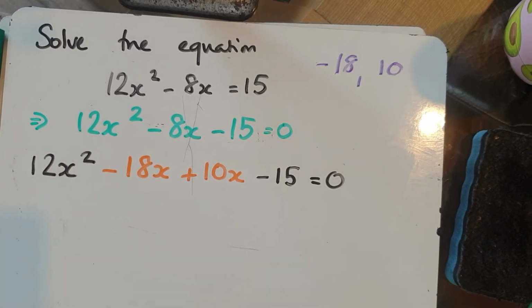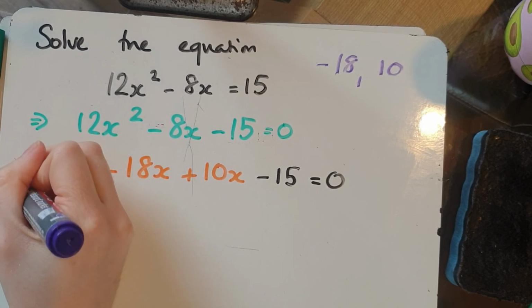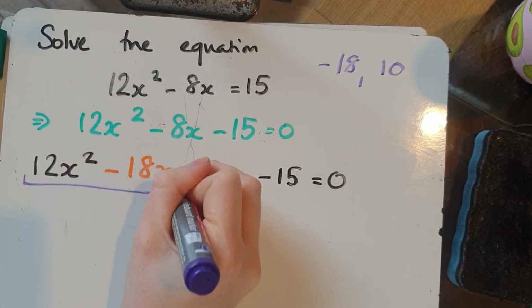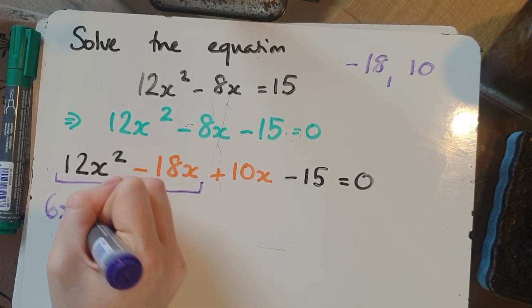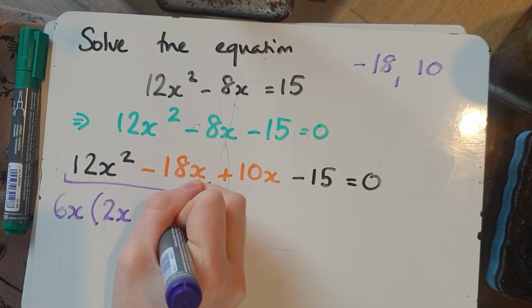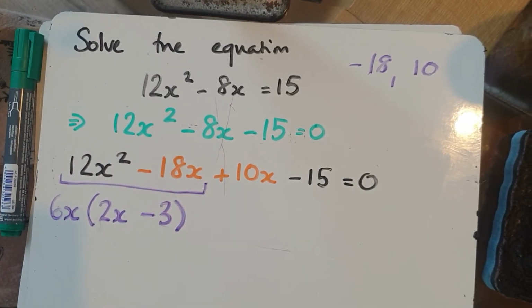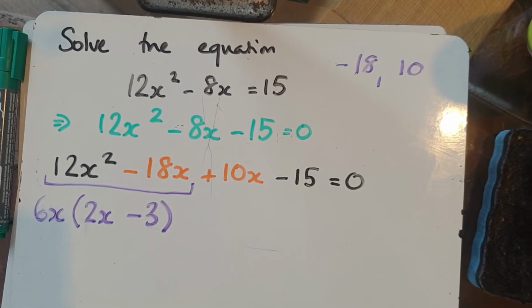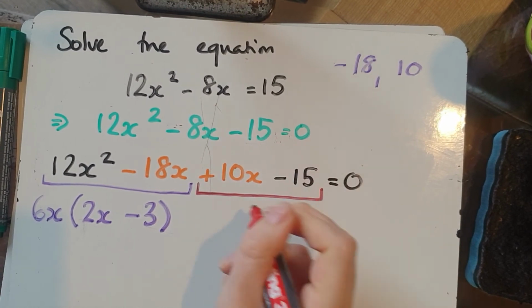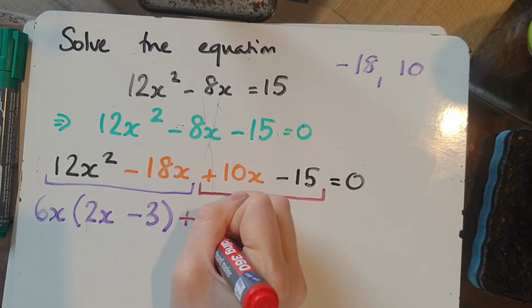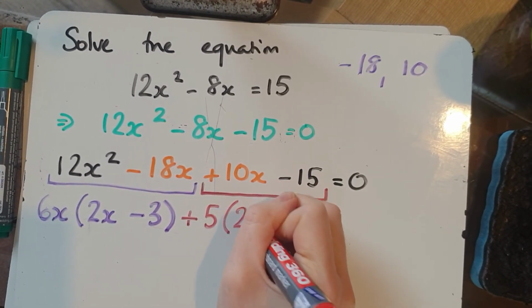We want to factorise this first section. And I can take 6x out of both of those terms. And then I want to factorise this second section. And I can take 5 out of both of those terms.